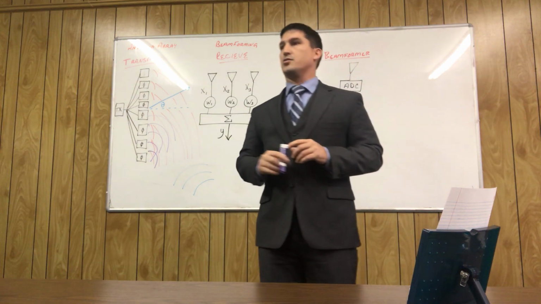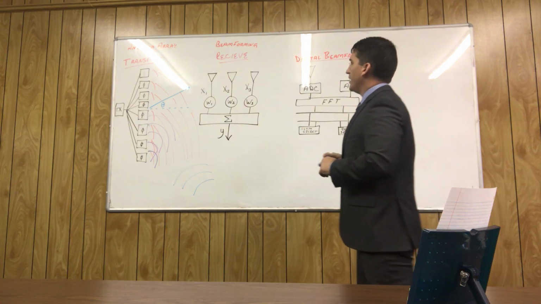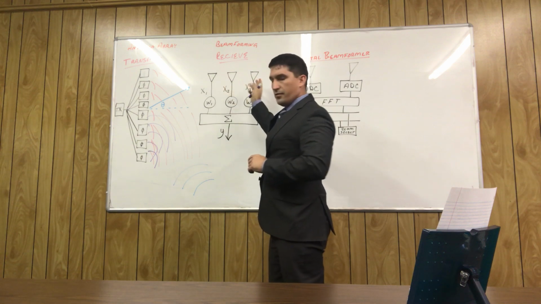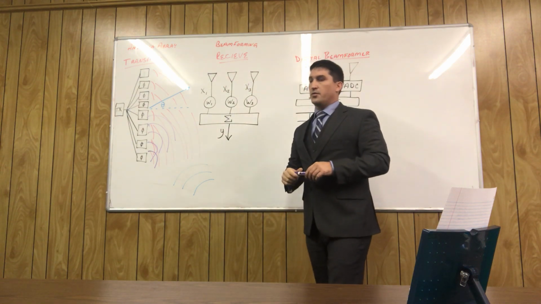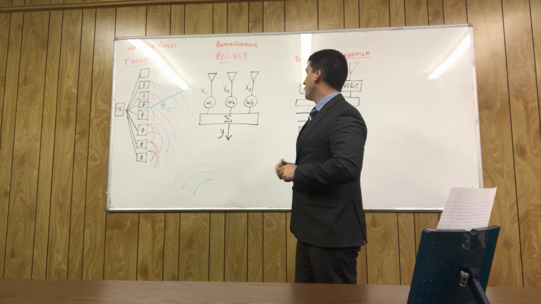This is not digitized, so this is analog beamforming right here. What we see in receive mode is 3 different signals coming into 3 different antennas. 3 different waveforms entering in, seen as X1, X2, and X3.